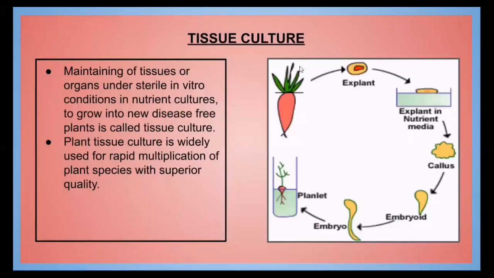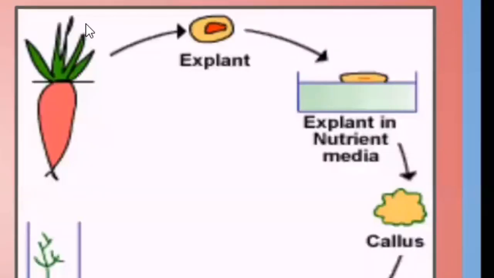Now a very important method. This is also an artificial method of reproduction in plants, where tissue culture is the name of the process. In tissue culture, the new plants are grown in the laboratory, and in this, small parts of the plants known as explants are first of all put in a nutrient medium so that these small parts can develop as a mass of cells.